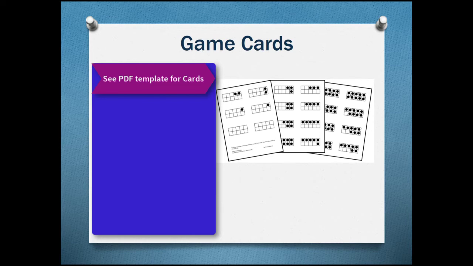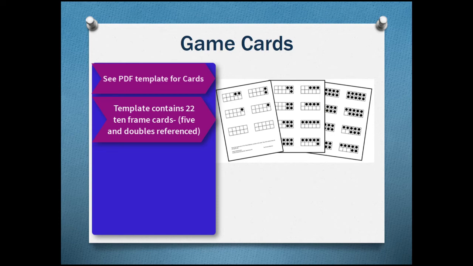All of these games use cards that show 10 frames. What we've shown you here is a template for the cards that's available on the website. The template contains 20 cards. If you look at the first one, there's a doubles reference 2 and a 5 reference 2. If you look at the second page, you can see doubles reference 5 and a 5 reference 5.